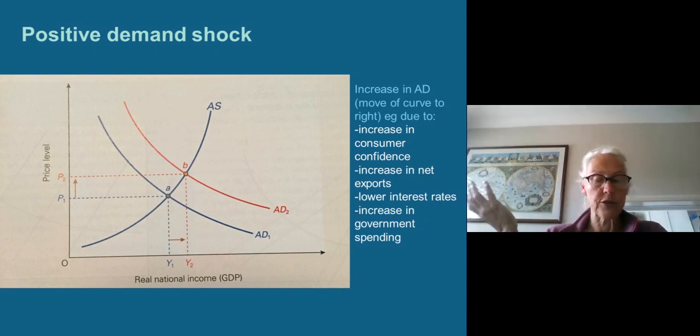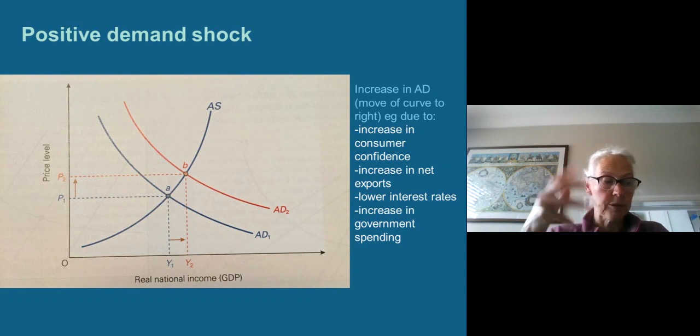Could be lower interest rates, the company willing to borrow money, and there could be an increase in government spending. So basically if the aggregate demand shifts to the right, companies will want to begin to supply more, okay, to re-establish that equilibrium.